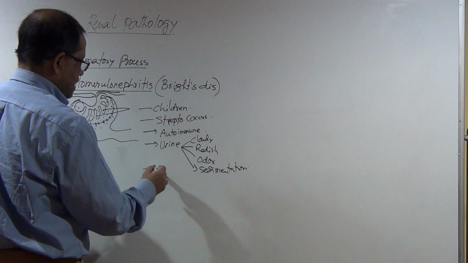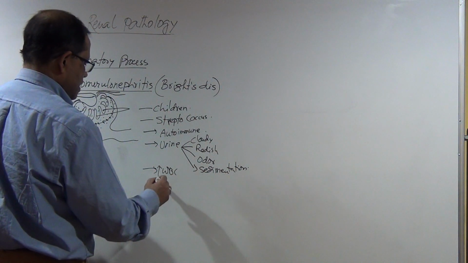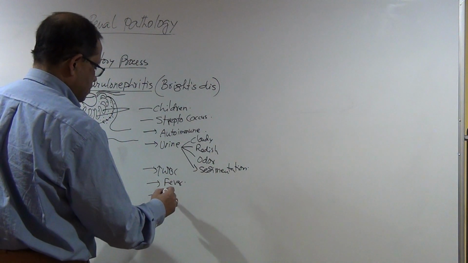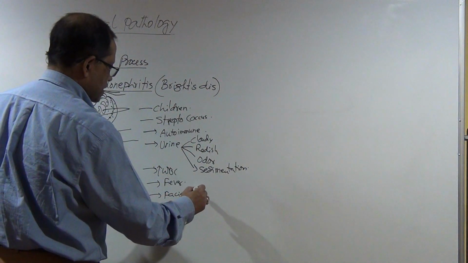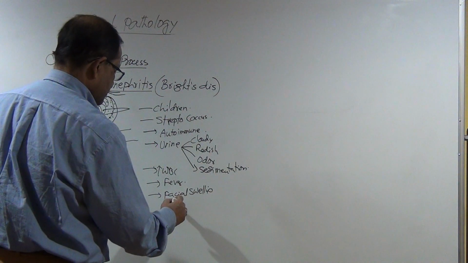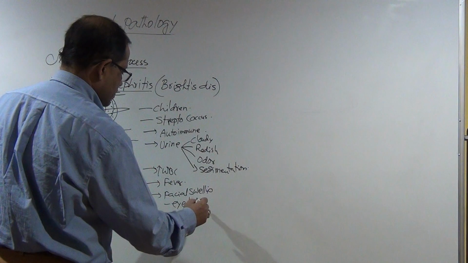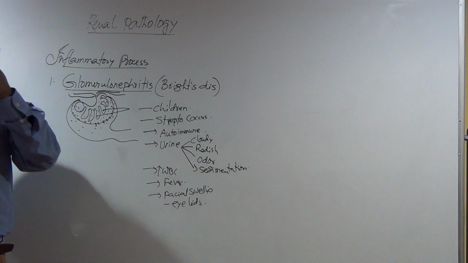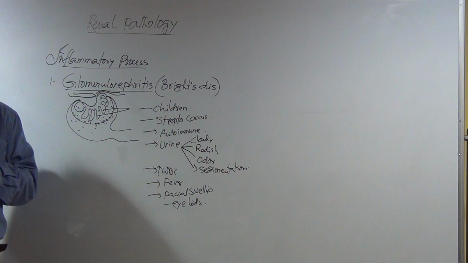Okay, and the patient's WBC will be high, the patient will have fever, the patient will have facial swelling, especially the eyelids. You see the baby, the upper eyelids and lower eyelids are swollen.